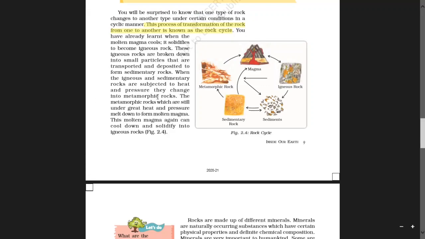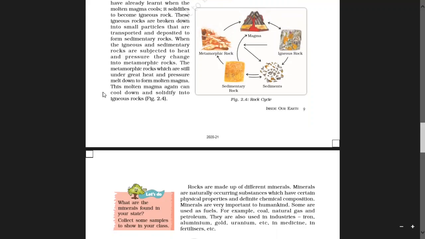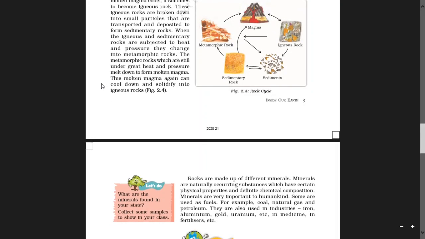The metamorphic rocks, which are still under great heat and pressure, melt down into liquid particles and form molten magma.